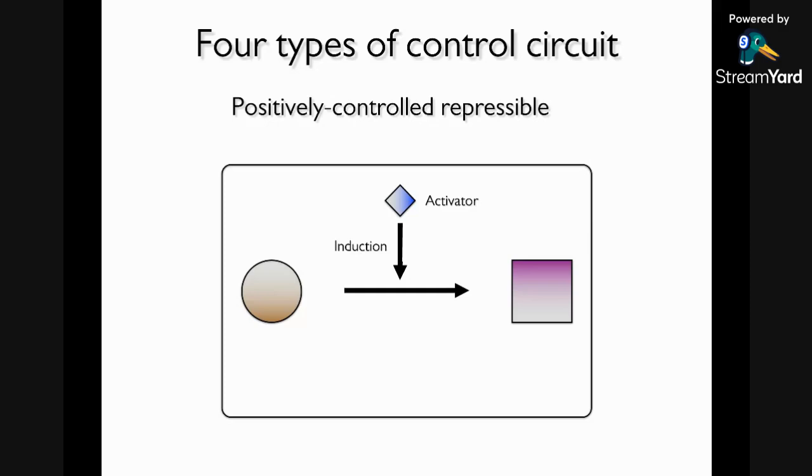But the end state is repressible, so we are able to repress this circuit by modulating the activator. How we do that is we add an inhibitor that will bind to the activator, inhibit it by causing a conformational change, and that will mean that the activator can no longer bind to its particular ligand or substrate, and therefore it will turn off production of the product. The genetic circuit is turned off or repressed.